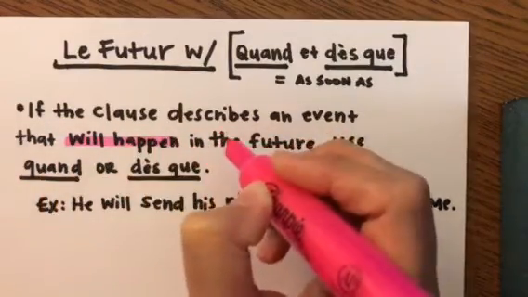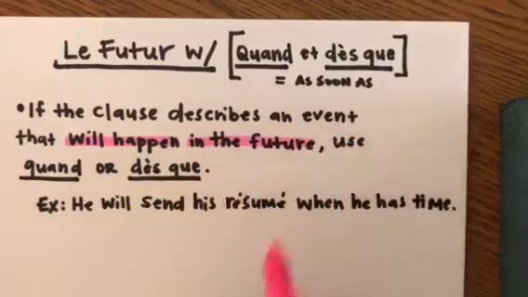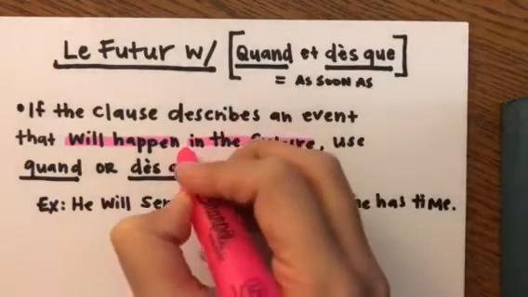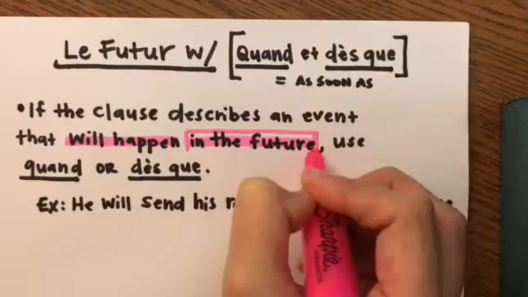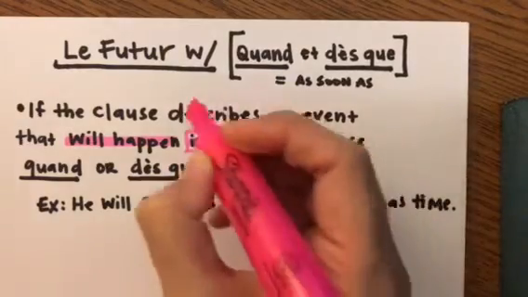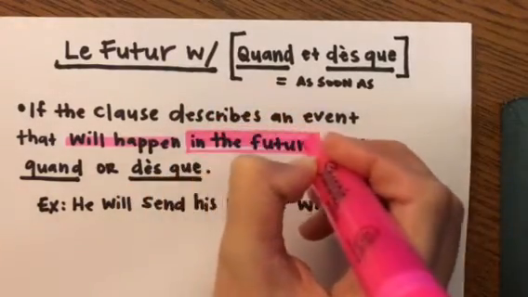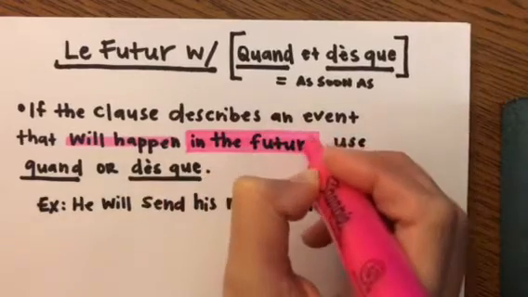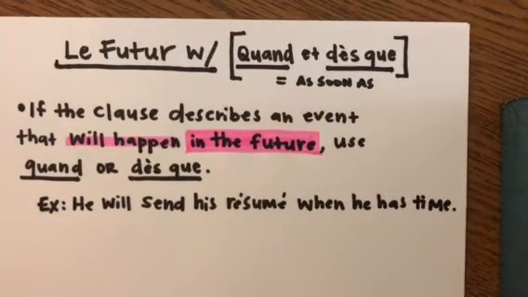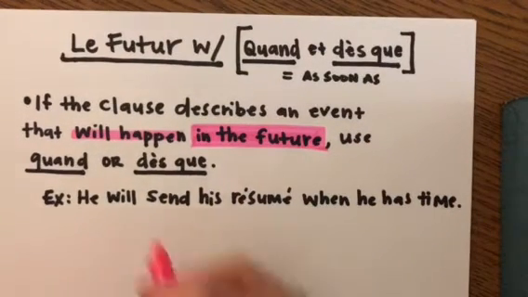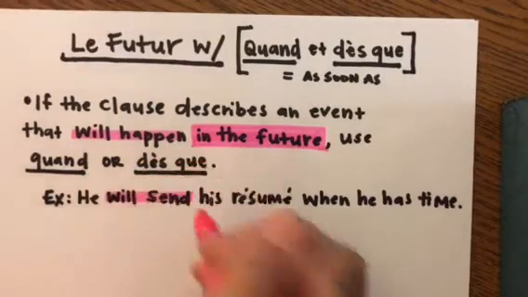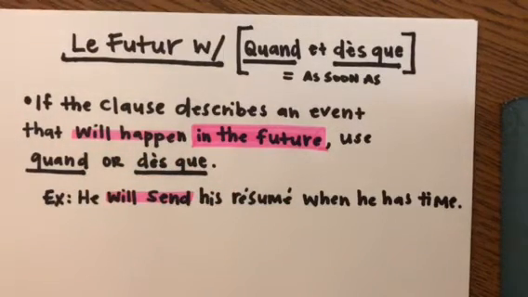And the future here is very key, and you'll see why, because we're going to talk about if it's not in the future. So here we see he will send. This is our indicator, talking in the future, or when he has time, right?